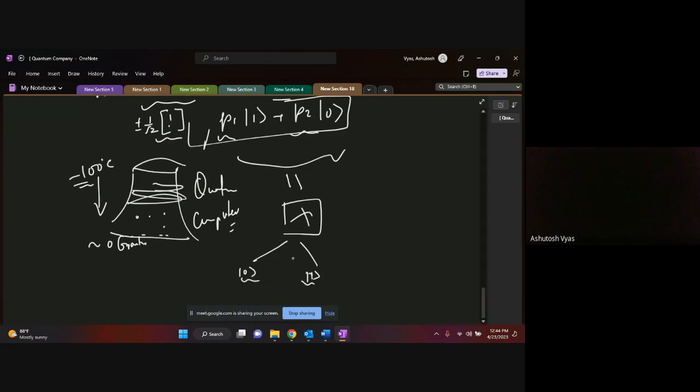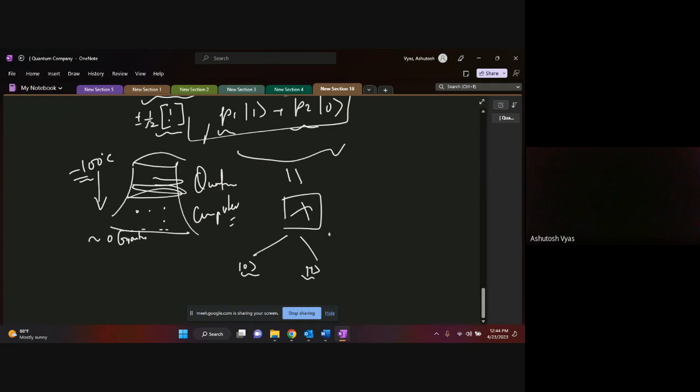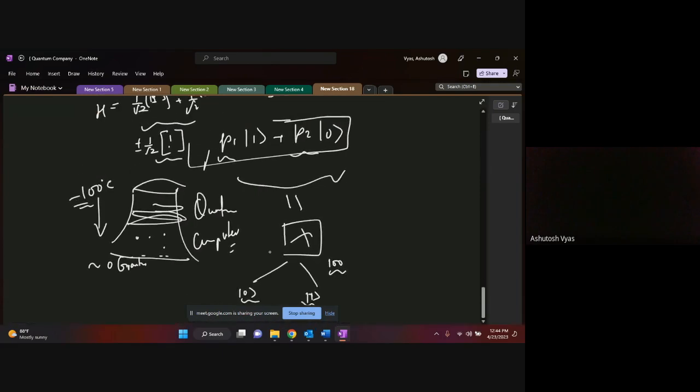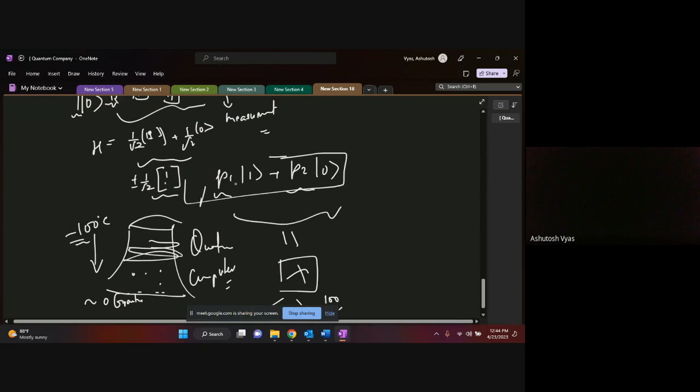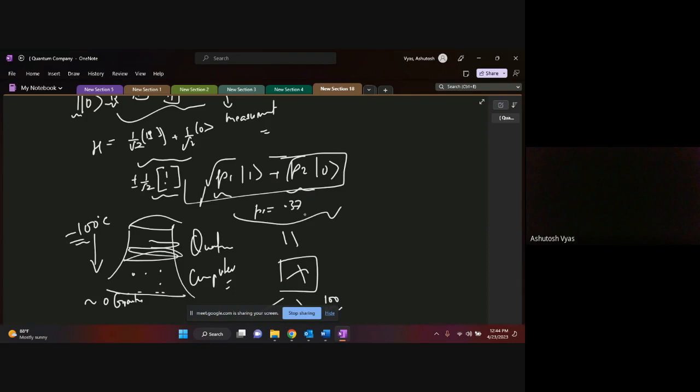So what do you have to do? Suppose you make the operation and you try measuring it 100 times. Based upon these probability values, that probability will reflect here. Suppose this probability value, and I'm just putting the square root of this thing here, so that the sum of the squares of the probabilities is 1, right? So let's say P1 is 0.37 and P2 is 0.63, right?